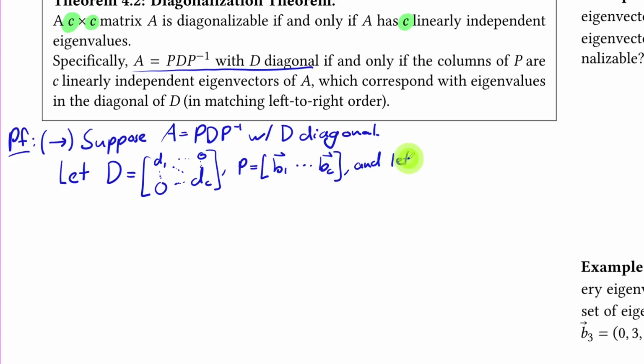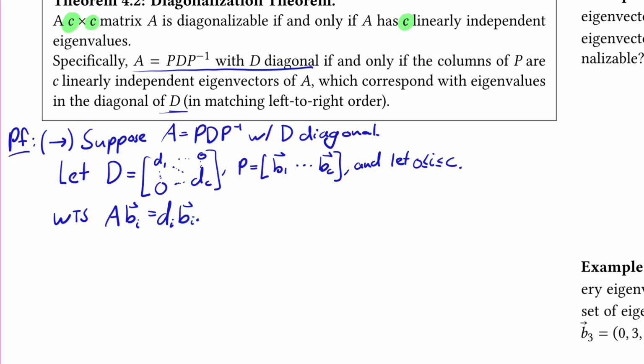And let's say that we're talking about column I of P. So we're going to say I is anything between 0 and C. Now the goal is to show that this column of P, let's say BI, is an eigenvector of A that corresponds with the matching diagonal of D. So in other words, we want to show that A times BI equals DI times BI.